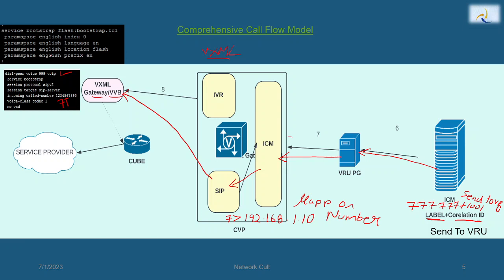In the dial pair, if you see, there is this service bootstrap that is configured, and this service bootstrap is stored in flash, and this service bootstrap invokes bootstrap.tcl. And also it invokes bootstrap.vxml.